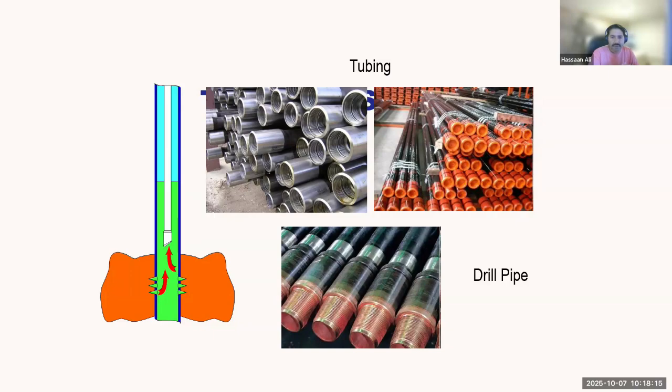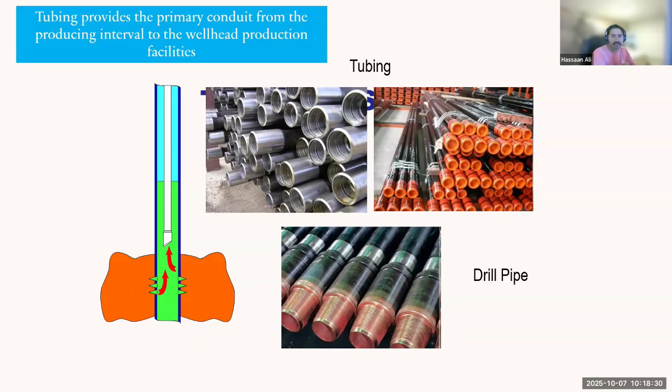You need corrosion-resistant alloys, CRAs, to deal with that aggressive production condition. These tubings are produced by a mill, and then they are transported in bundles to a drill or production site.